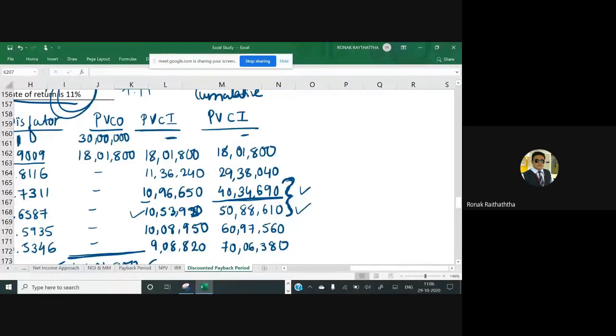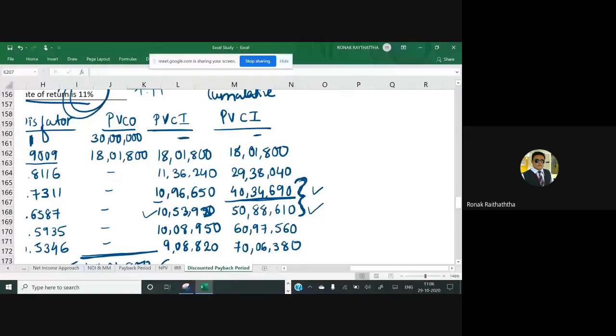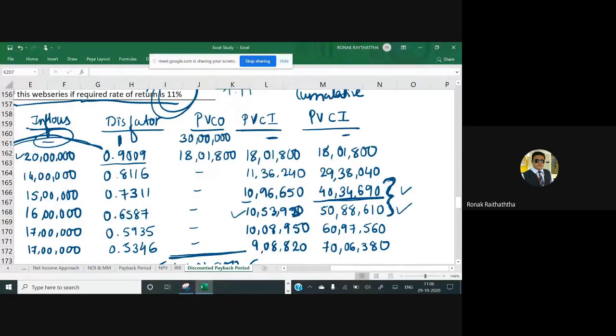The actual amounts were 15, 16, 17, 17, 14, and all those. But we have discounted them. So year number 6's 17 became 9.08 only. So these amounts are getting lesser. That's why our discounted payback period will always be longer than the normal payback period.